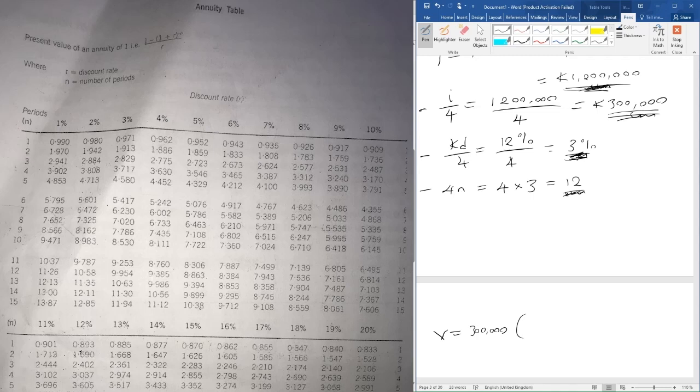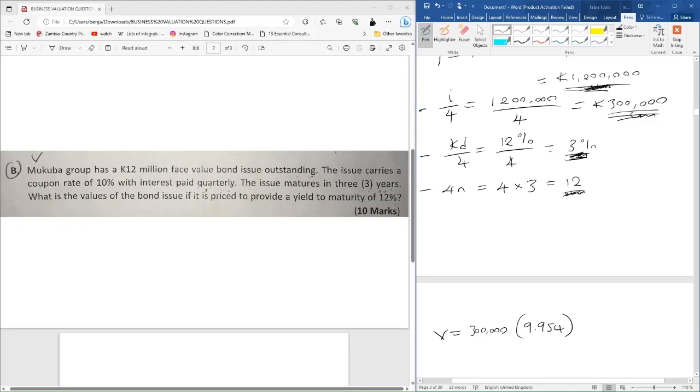So we're going to go to 3%, and then we're going to go down to 12, right? When we go down to 12 at 3%, we're going to find a discount factor of an annuity of what? 9.954. This is going to be our discount factor of an annuity.